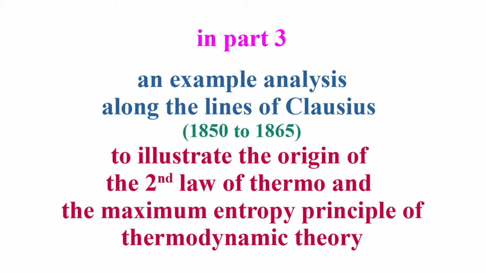Part 3 focuses on an example analysis of the experimental data for the heat flow in an isolated system to illustrate the origin of the second law of thermo and the maximum entropy principle of thermodynamic theory, which states that every system in nature tends to possess the maximum entropy possible under the given conditions.